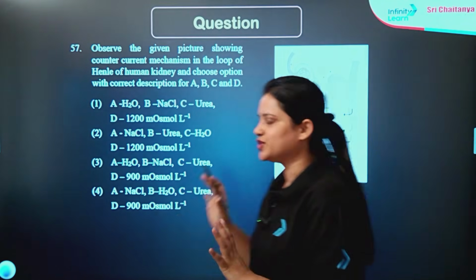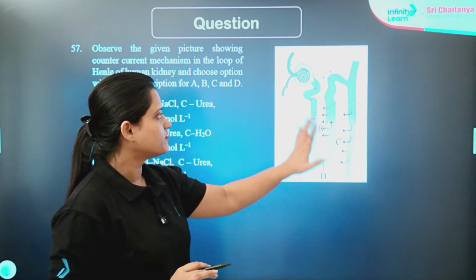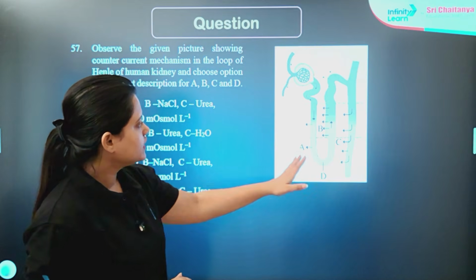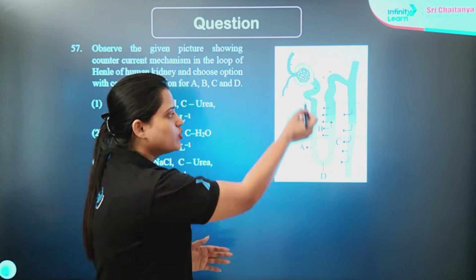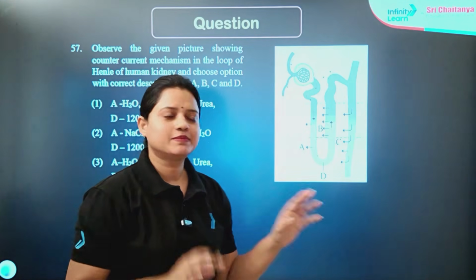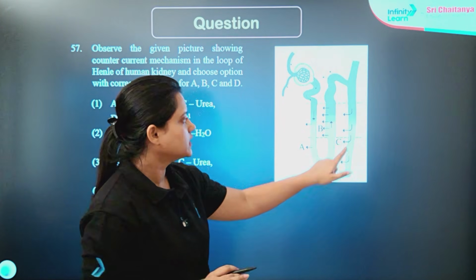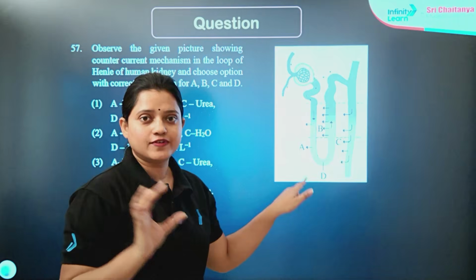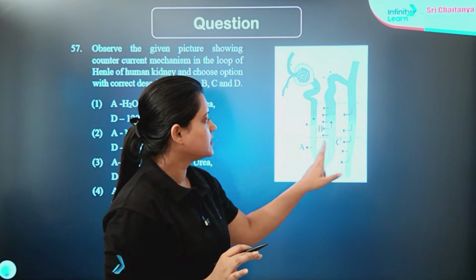Observe the given picture. So go through this picture. Very important picture. As you can see, this is loop of Henle, right? And we need to identify A, B, C, and D. So A. So this descending limb of loop of Henle is permeable to water. Ascending limb of loop of Henle is permeable to NaCl. So we know now A and B. So concentration of solute here will be 1200 milliosmol per liter, and here the urea will come out.